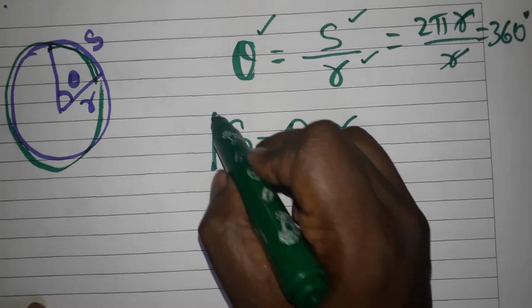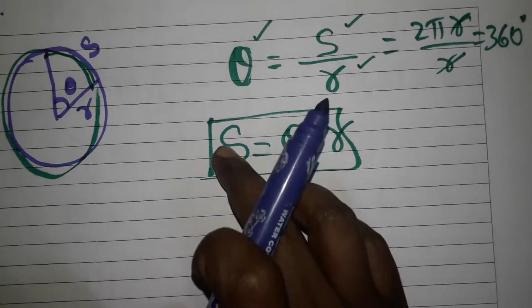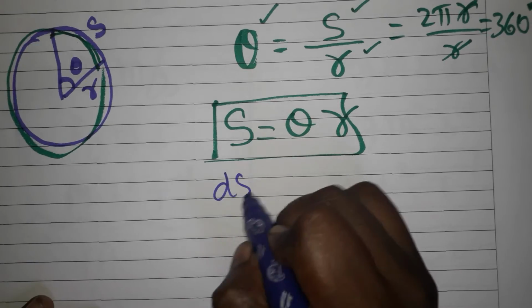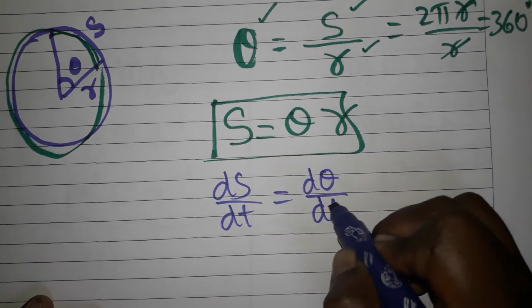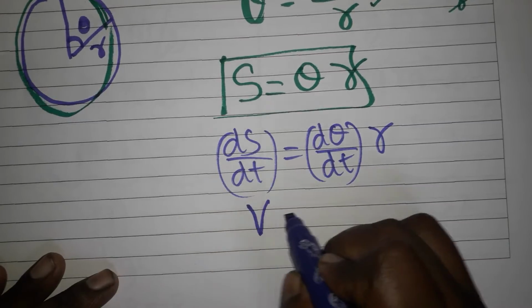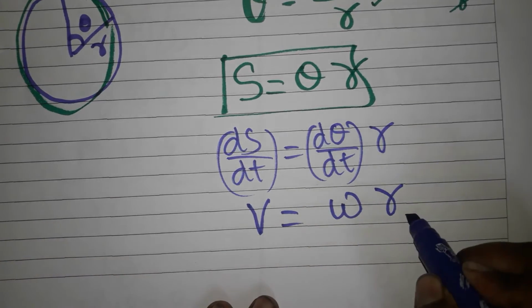Now this is an equation, and you can go verify it if you want. Differentiating the above equation with respect to time, ds by dt is equal to d theta by dt into r. It is called velocity is equal to omega into r: linear velocity is equal to angular velocity into radius.